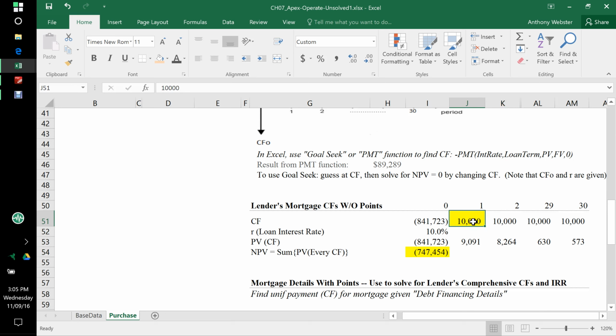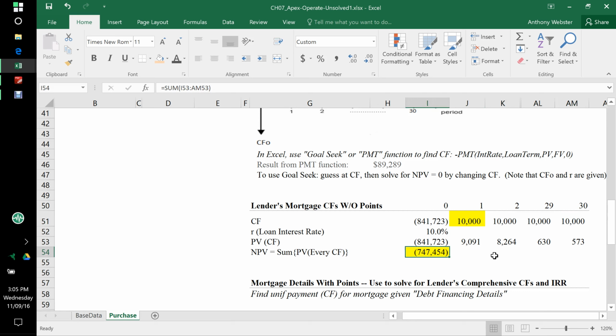I only have to make one guess because it's uniform cash flow payment coming to us, fixed rate mortgage, uniform pay. So here in cell K51 in year 2, what do I say? I just say it's same payment amount as year 1, and et cetera, all the way out to year 30. Okay, so I just have to solve for that once.